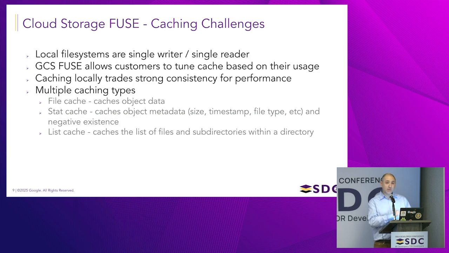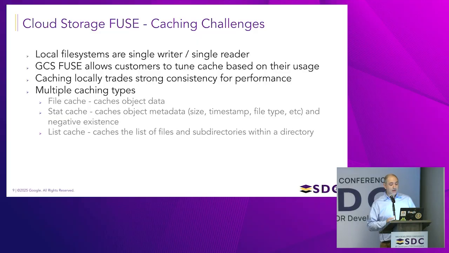In Google Cloud Storage, we have generation numbers and meta generation numbers, similar to S3's version numbers, where you can say, oh, if my local cache still has the exact same data, I can serve from there. But you can also configure the file cache to not even look at the cloud. So it's a sort of write-through cache, where you interrogate your cache first. But that means that if the data has been uploaded or changed on the cloud, you no longer have strong consistency with object storage.